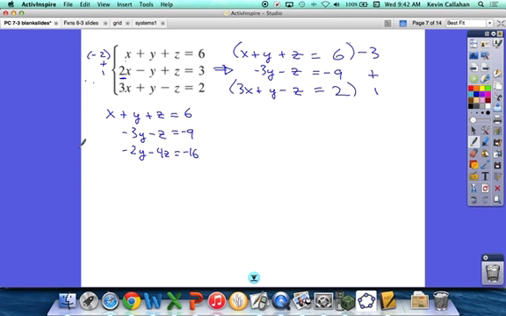I forget because the next slide relates to this, and I forget which one I did, but how about I'm going to go like this. I'm going to go this one times -2, and this one times 3, and I'll add those up. All right, so now the first line doesn't change. x plus y plus z equals 6. The second line doesn't change. -3y minus z equals -9.